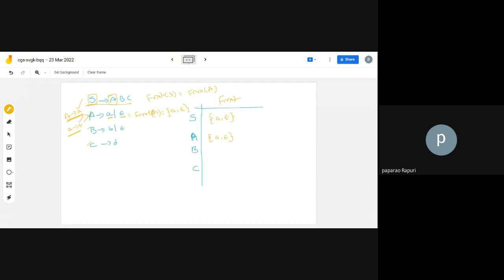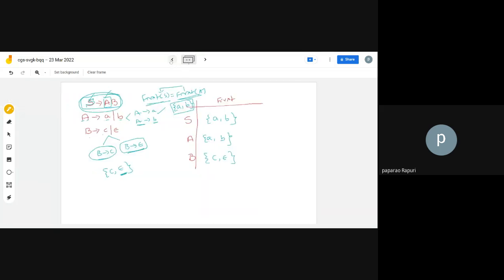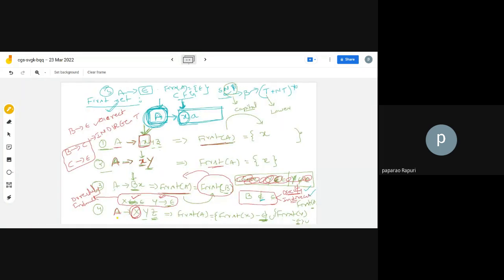No, sir. Because here it is in the format of A derives X, Y, Z. So we'll see once. Here, A derives capital X, capital Y, capital Z, which are non-terminals.